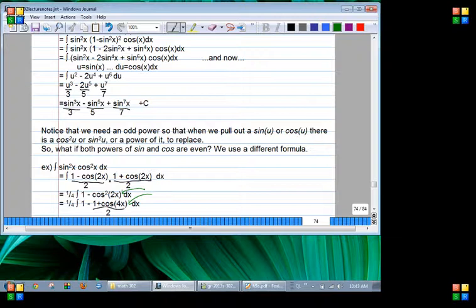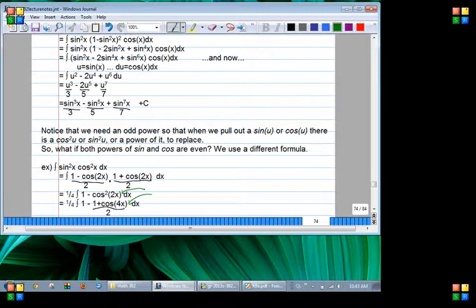It doubles, right? So even though the formula is written in terms of x, we should think of it being in terms of u. So if we have cos squared of 5x, then what would that be equal to? Cos squared of 5x is 1 plus cos of 10x over 2. So that rule always works regardless of what the angle is. You just have to double it.